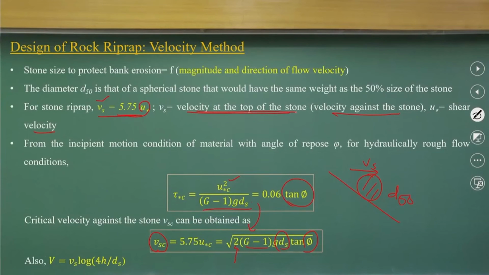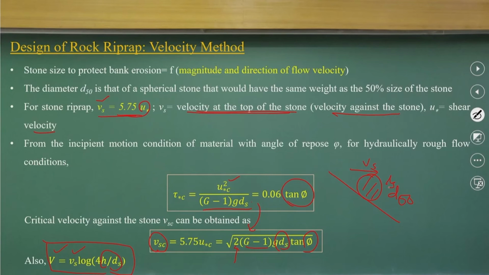But again there is an empirical relation, a logarithmic relationship of flow velocity with respect to the velocity at the top of the stones and the relative submergence h by Ds. So, that is the empirical relation.